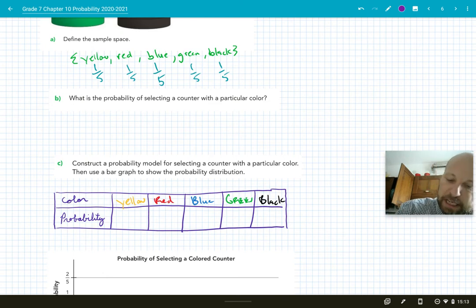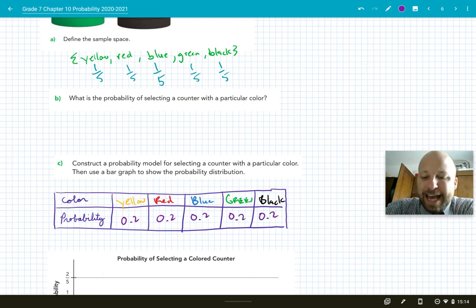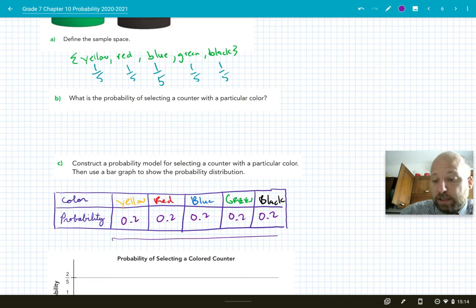I'll put these in decimals just to do something different: 0.2, 0.2, 0.2, 0.2, 0.2. Is that going to be uniform? Yes, because they're all the same.